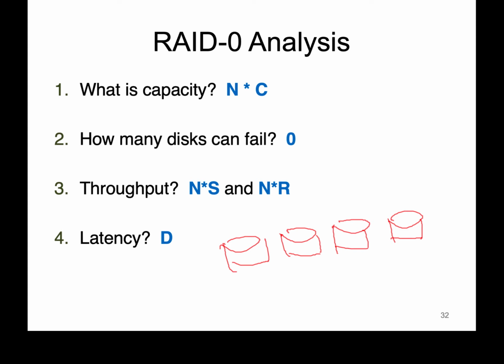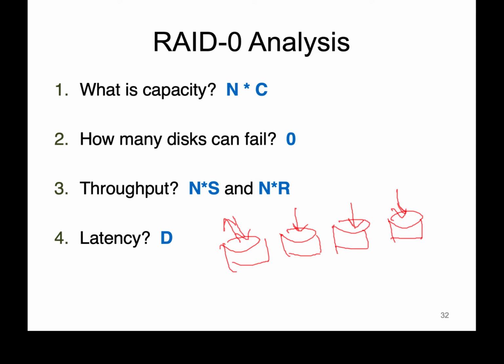Random I/O is, at a single point of time, we have a random I/O hitting here, and maybe at the same point of time we have a random I/O hitting here, here as well, and somewhere over here on disk 3, right? But latency-wise, it is basically equal to the exact same latency as is observed by a single hard disk drive.